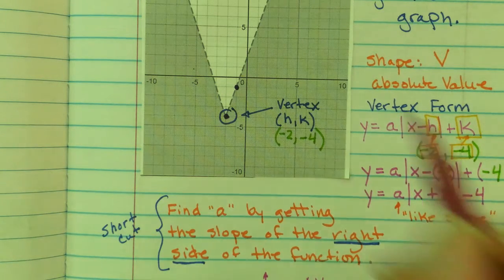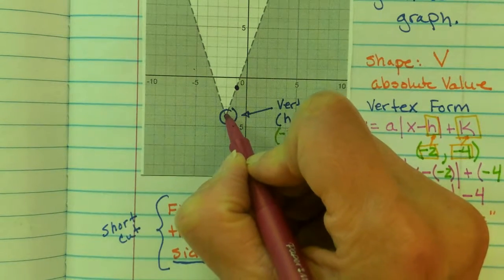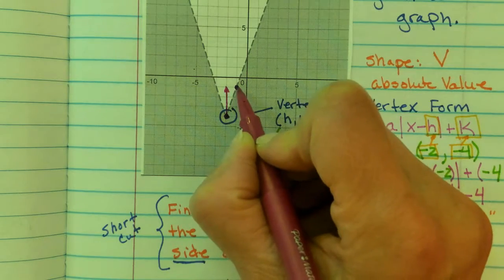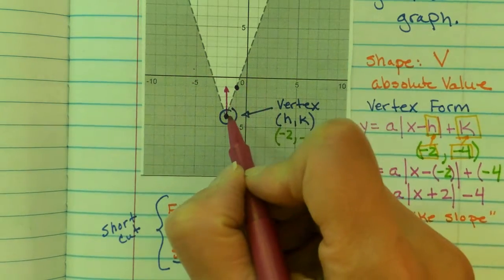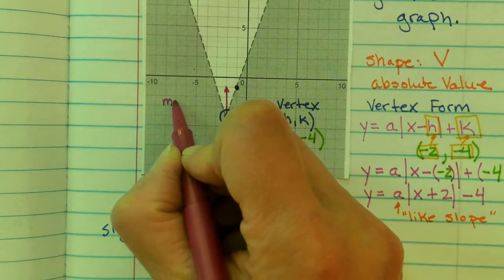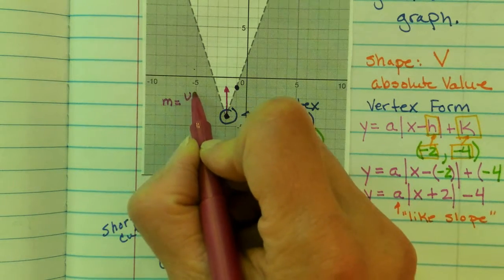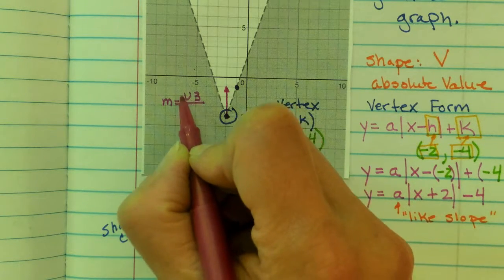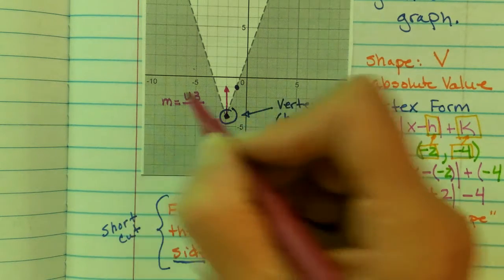I have to do my rise first. If I go up to the same level as my next point, that would be 1, 2, 3. So I'm going to write over here, slope is up 3. It's very important you put up, because that's going to tell you whether it's positive or negative.